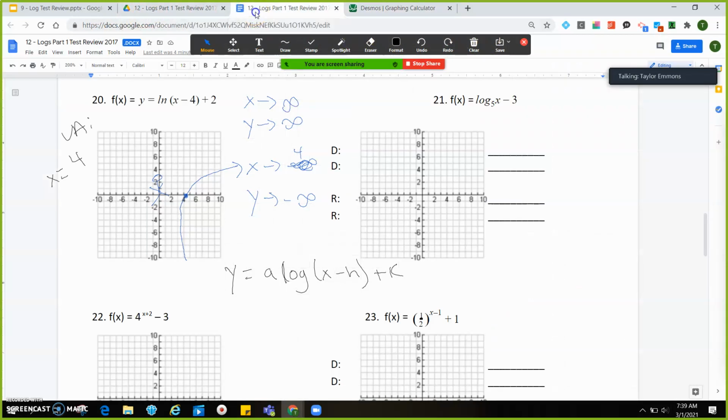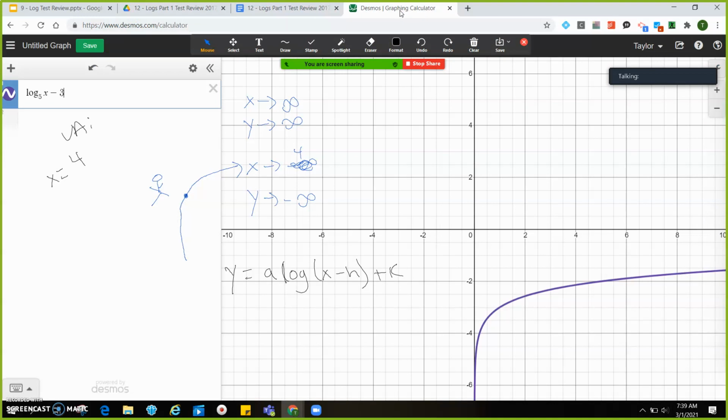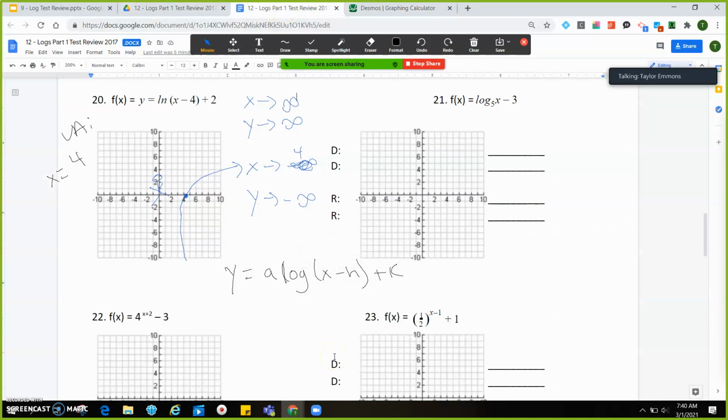We've got a point at 0.2, negative 4, and another point at 5, negative 2. When you graph this, it does not have to be completely perfect. It can just be a rough sketch.